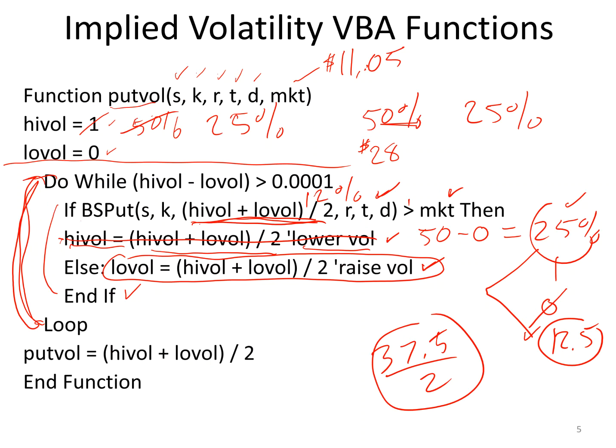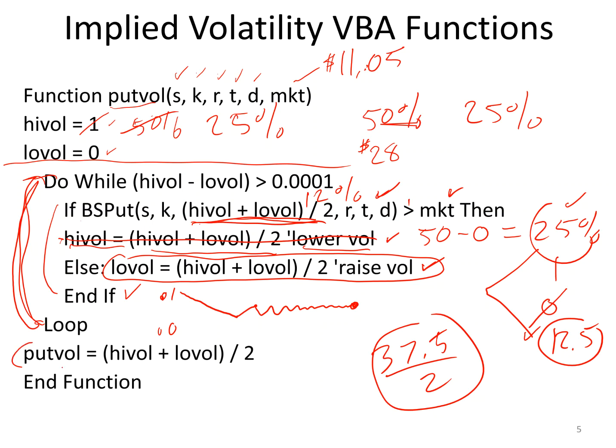However, once it gets too far below it, it's then going to raise low vol. And the way it does is we know it's between 1 and 0%. And what it starts doing is it starts lowering high vol until it gets too low, and then it starts raising low vol. And it does this process where it just gets really close, and at some point the difference between high vol and low vol is under 1 basis point, and the loop is done.